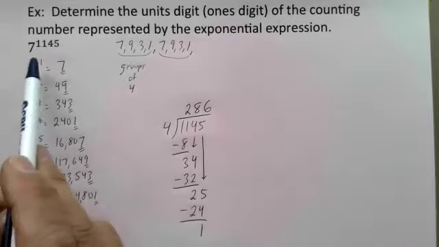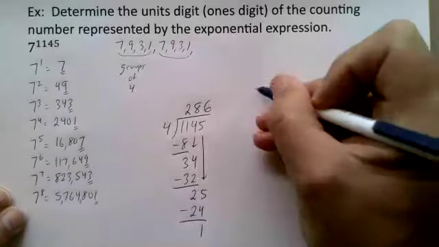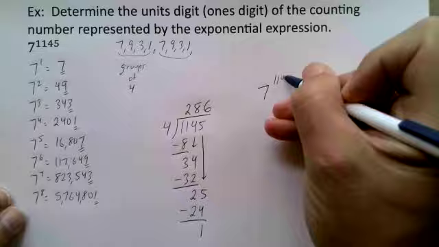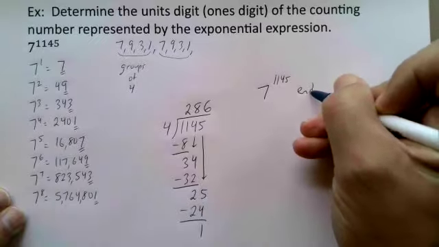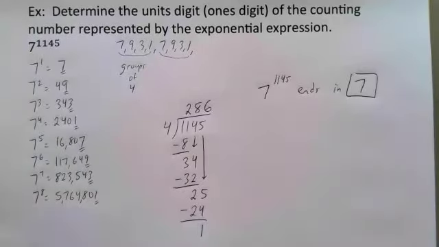But I got a remainder of 1, so I'm going up to a power of 1. I'd say my answer is 7. That's our best answer based off of the pattern that we are seeing. So that's definitely more difficult than the previous question.